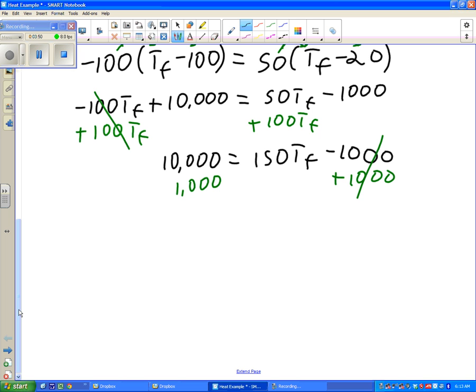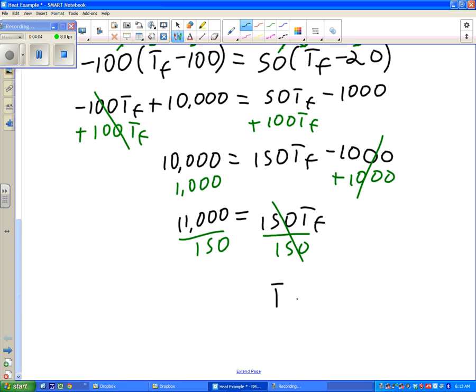And so I get 150 TF equals 11,000. I'm then going to divide both sides by 150. And I put that in a calculator, and I get 73.3 degrees Celsius.